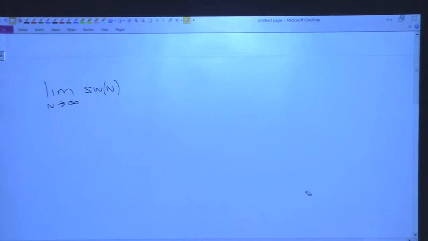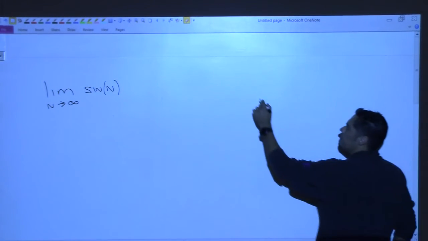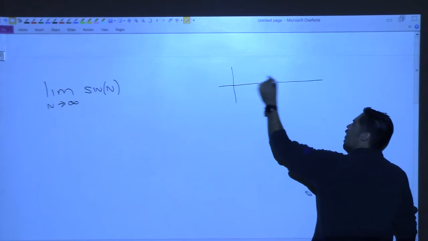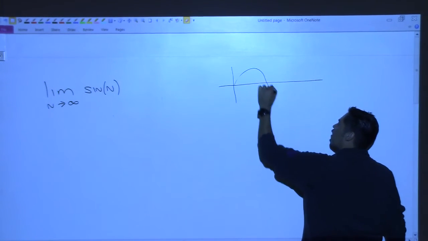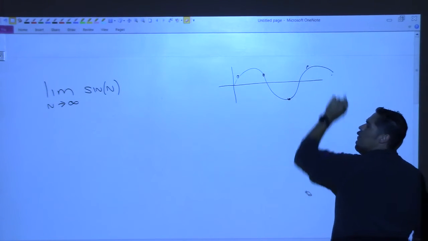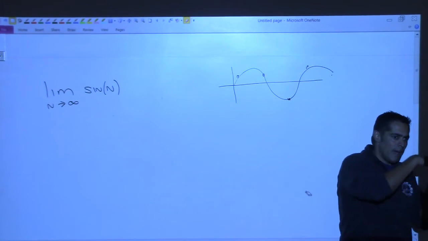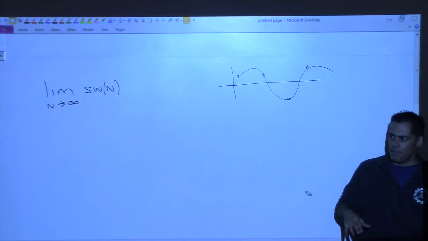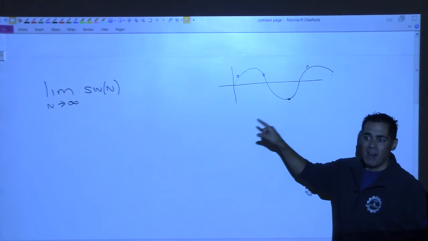It's not going to exist because this would also look like this. It would try and be a sine curve, right? But it's just a bunch of these weird speckles all over the place. Is that headed towards one value? It's not, right? So this limit would not exist.